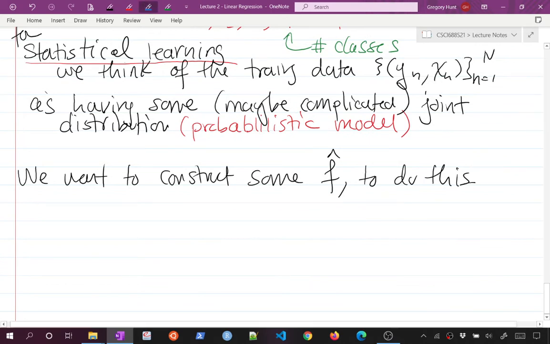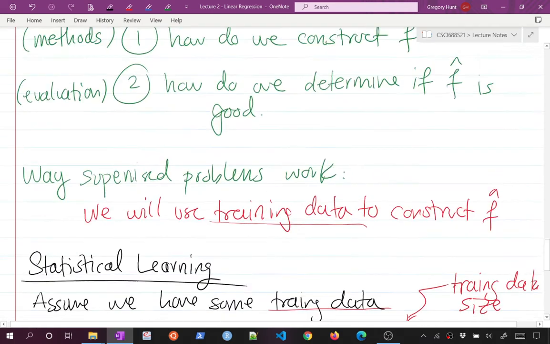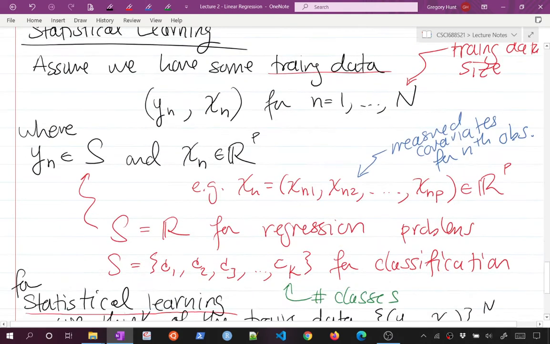To do this, we first construct a measure of, quote, wrongness. f hat is supposed to approximate y, so that when I plug my covariates into f hat, it's approximately supposed to give me back y.